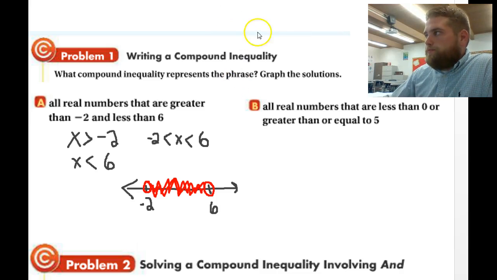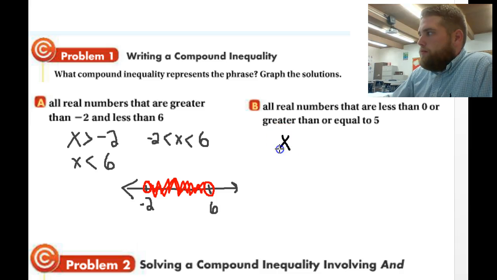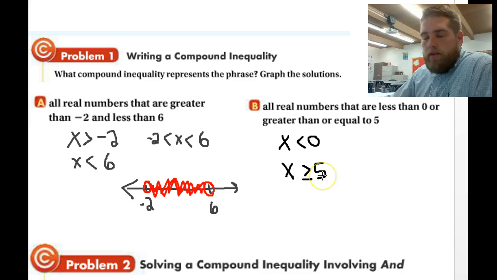Let's try another one. So all real numbers, so let's call it x again, okay, that are less than 0, or greater than or equal to 5, okay, so all real numbers less than 0 or greater than or equal to 5, okay, so once again, we have 3 different numbers here, correct?